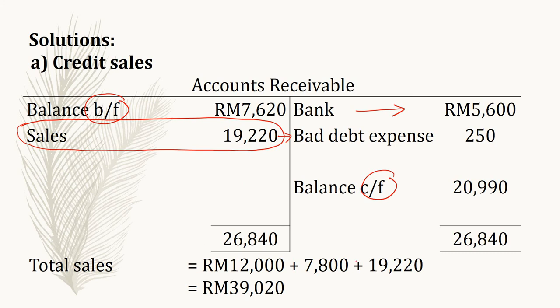So this is your credit sales. In your cash book, there is 12,000 of cash sales, and in the bank column there is another 7,800 of sales. So this is actually your cash sales plus your credit sales. So total sales is 39,020 ringgit.